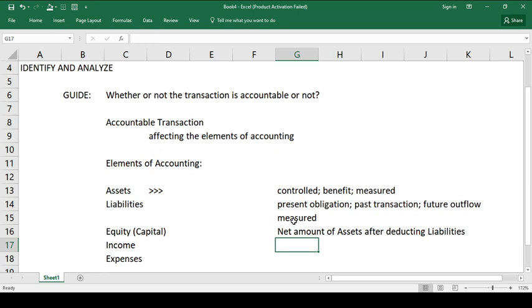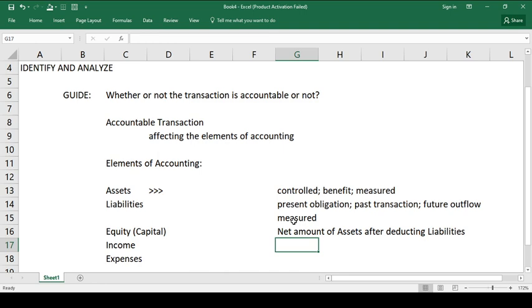It is not necessary that you own the asset. It is necessary lang that you control the asset so that you can consider that as an asset. Okay? Kasi the rest of the assets, possibly inutang mo lang. So, in order for us to determine which among the assets is considered equity and which among the assets we really owned, we need to deduct the total liabilities from the total assets.